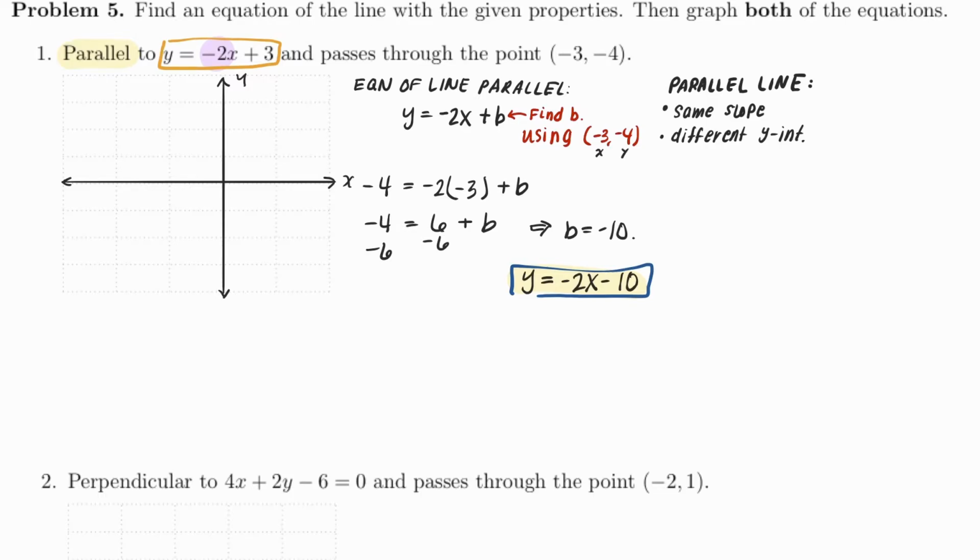And maybe what I'll do is I'll label the y-axis, where each block here is 5. So 5, 10, 15, negative 5, negative 10. This labeling that I'm doing is going to depend on what things you want to graph, and maybe on the x-axis we'll just go by ones.